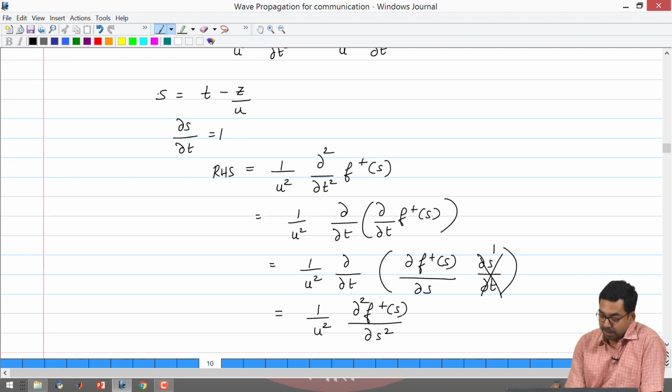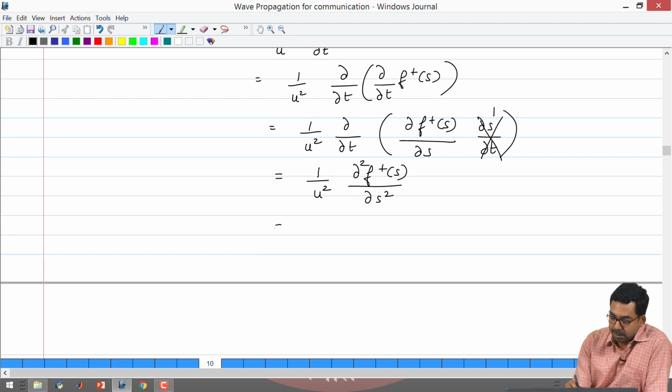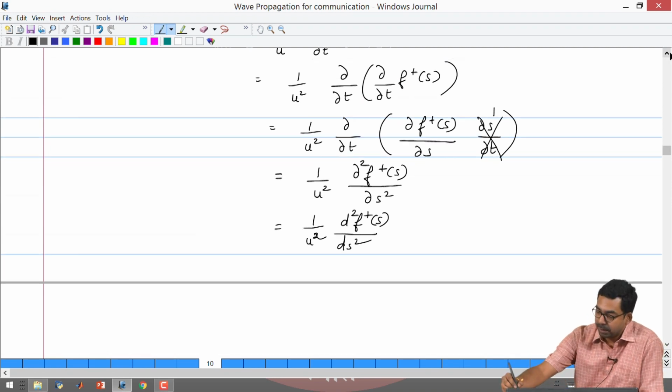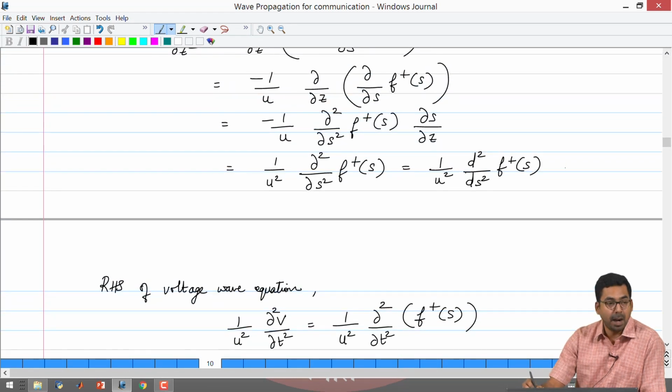Since f is a function of only a single independent variable s, the partial derivative can be replaced with an ordinary derivative. And then when we look at the LHS and the RHS, they are identical. So, it is definitely a solution to the equation.